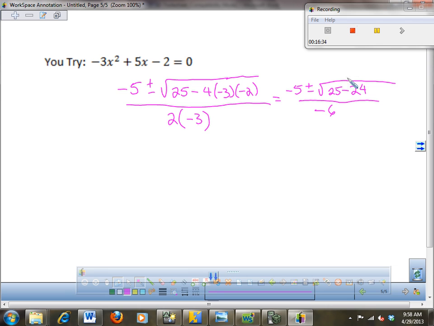What's the square root of 1? 1, right? So you have minus 5 plus or minus 1 over negative 6.